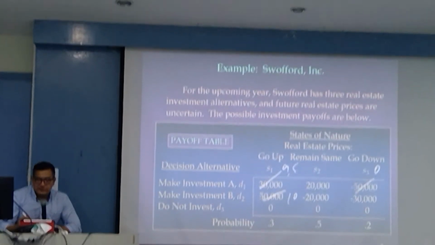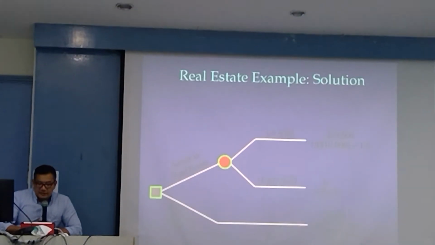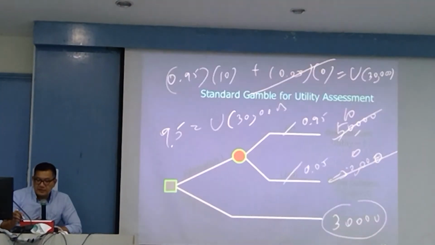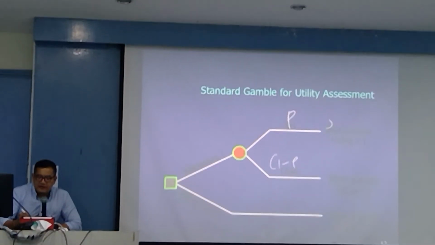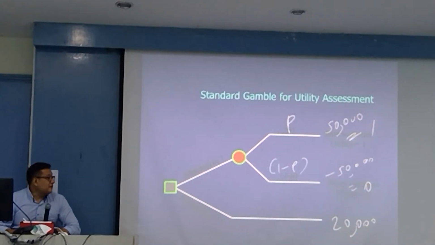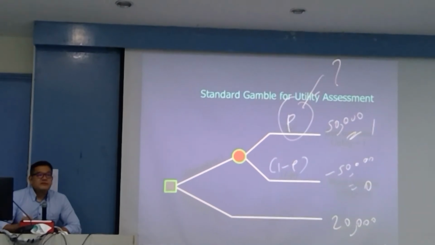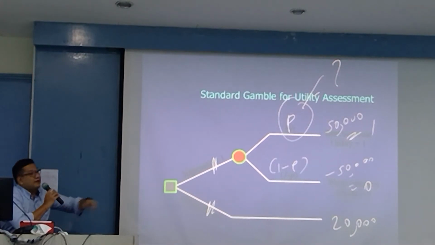For example, 20,000. For 20,000, you need to think, okay, how many percent that you need to find P. This one we know is 50,000, right? And utility equal to 10. And this one is minus 50,000, right? Utility equal to 0. Now we try to find 20,000. You need to find P that makes these two alternatives indifferent for the money 20,000.